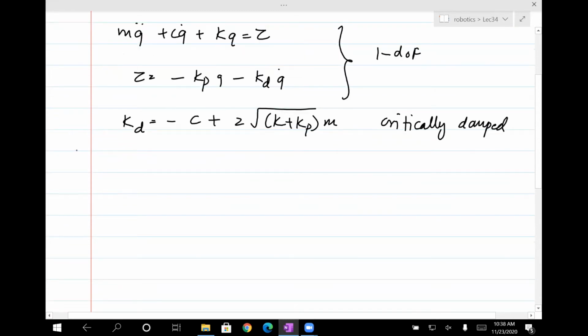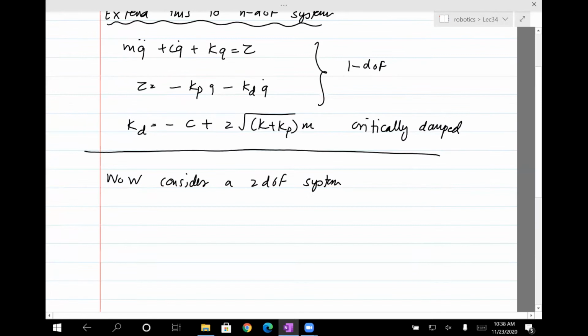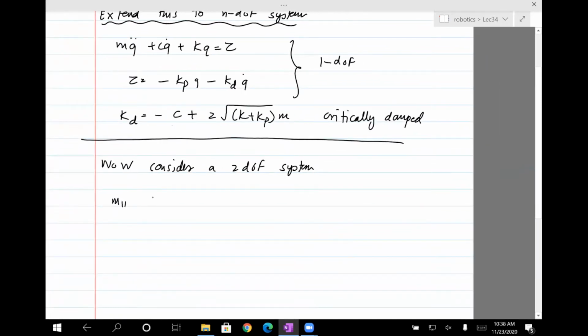Okay, now let's do this for 2 DOF. Now consider a 2 DOF system. Okay, so a 2 DOF system would look something like this: M11, M12, M21, M22, where I'm looking at a matrix instead of a scalar.